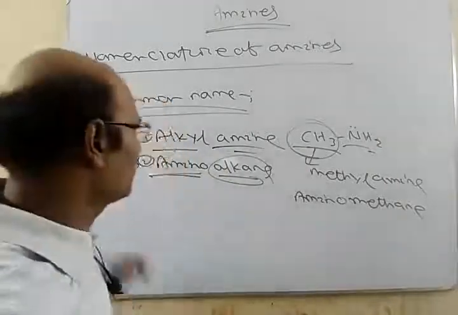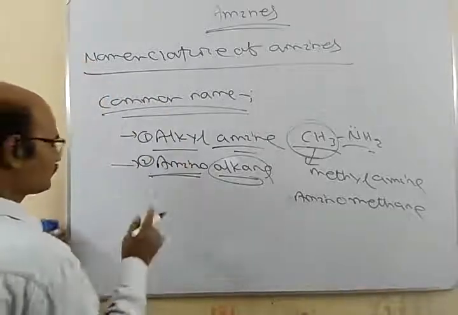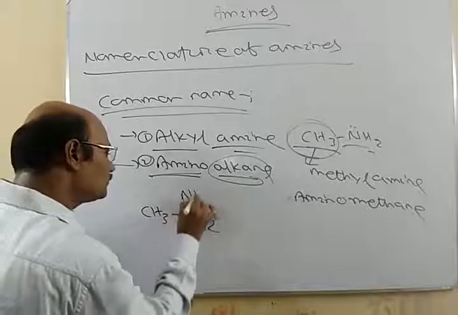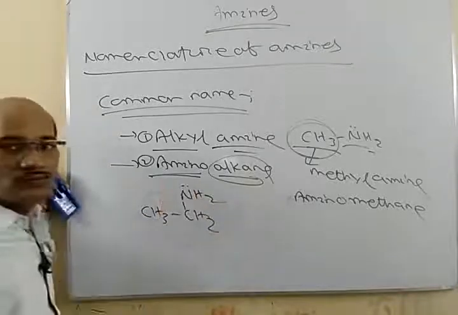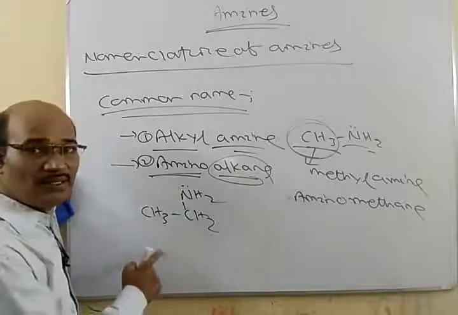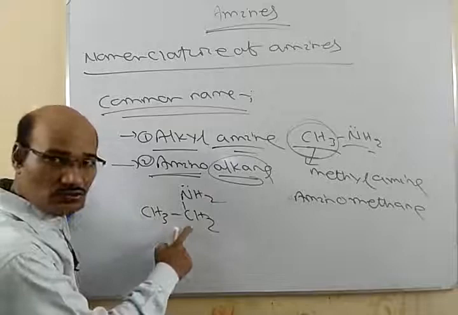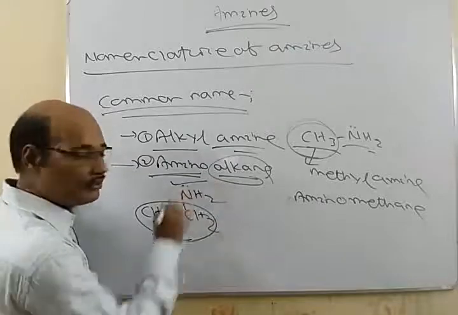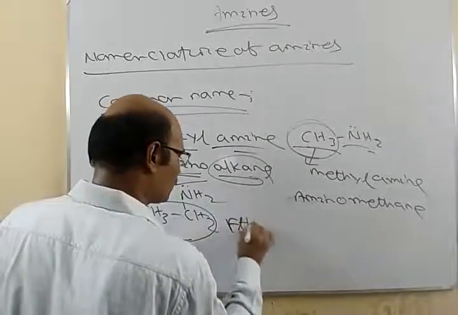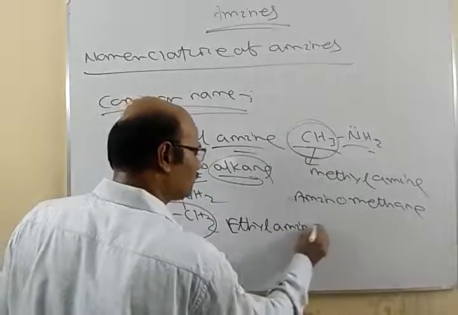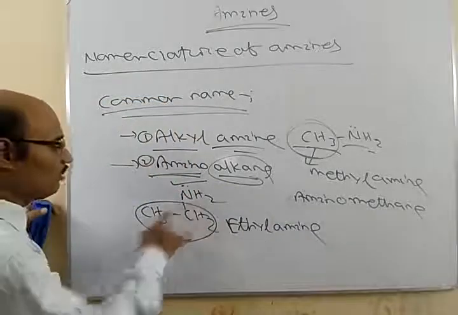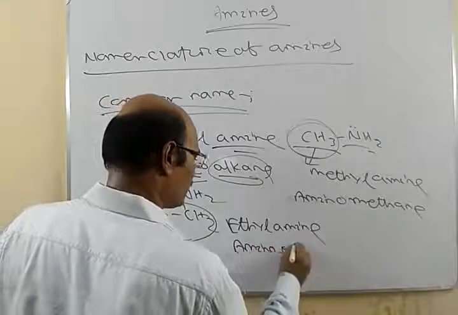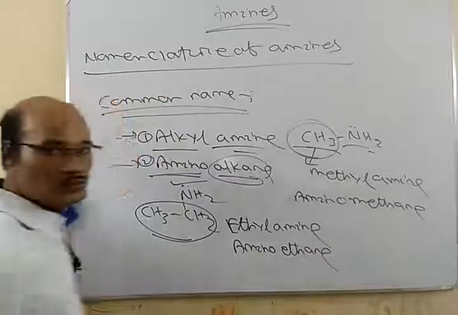Similarly, if I take CH3CH2NH2, this is your alkyl amine. What is the alkyl here? CH3CH2, two carbons, so it is ethyl amine, or you can say aminoethane.